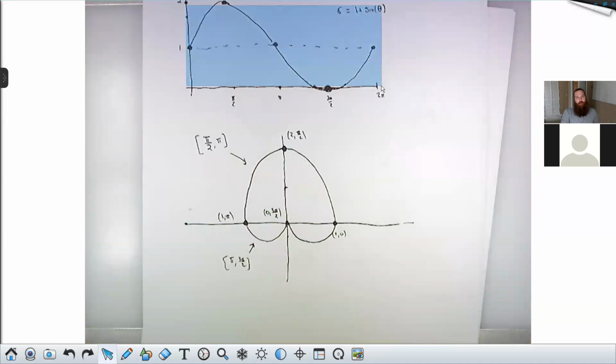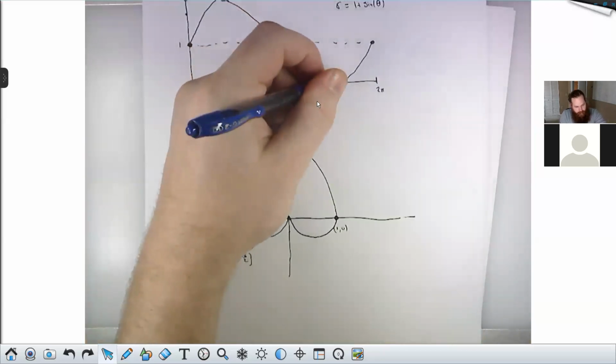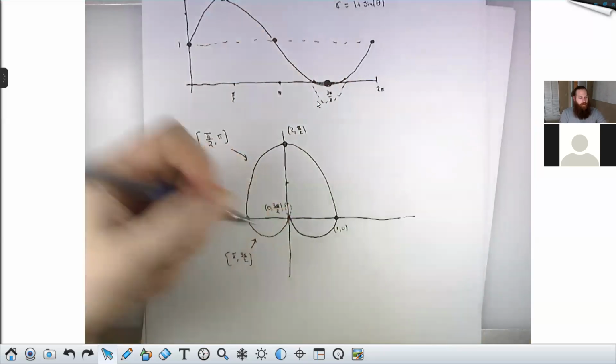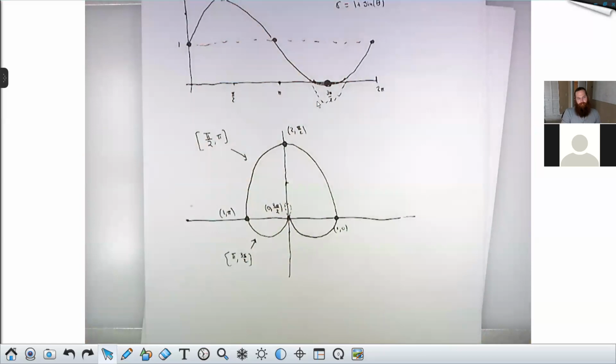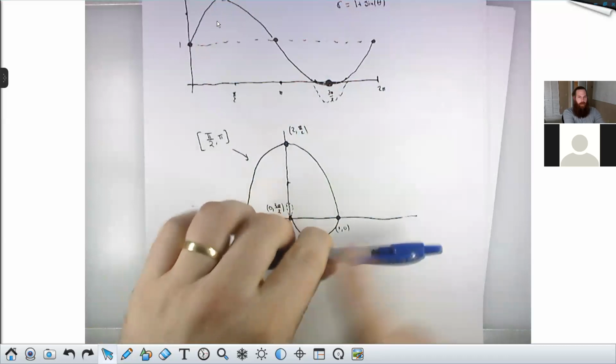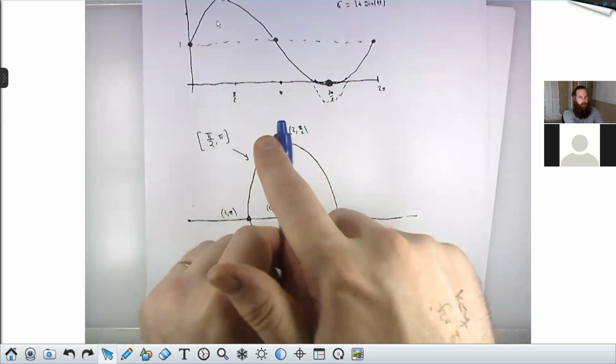But if I moved this graph down just a little bit so that there was a blip here beneath the origin, if I had something like this, then that would correspond to something like this. And the trick to remembering what theta values are associated with what part of the curve is to go through this procedure where you draw the rectangular graph and then imagine rotating around and running in and out along that arm. So as I rotate, I walk out, out, out, out, out, and now I'm at that max.